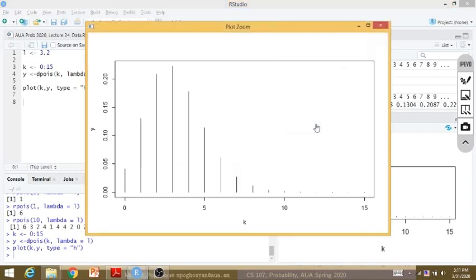Let me zoom in. So the probability that I will have 3 events per unit time is large, 0.21, say. The probability that I will have 5 events is 0.11 or 0.12. The probability that I will have 10 events per unit time is very small, and it is getting smaller and smaller. So I have this kind of shape for the PMF.